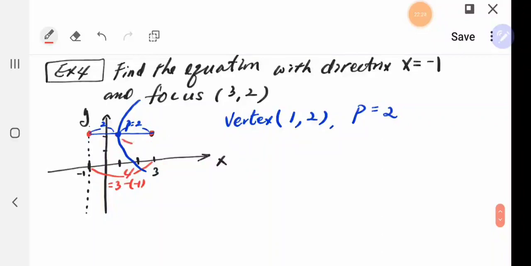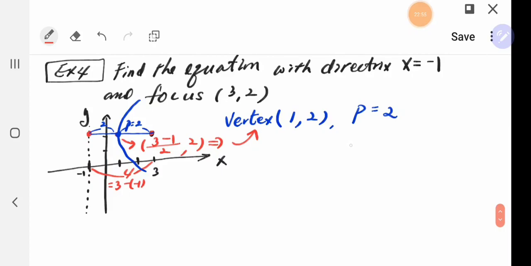The x value will be the sum of 2 values, 3 and -1. 3 is the x value of the focus, and -1 is the x value of the directrix, divided by 2. And y value is 2. So this will be the vertex. 3 minus 1 is 2, 2 over 2 is 1. So that's the vertex. And then the graph opens to the right.